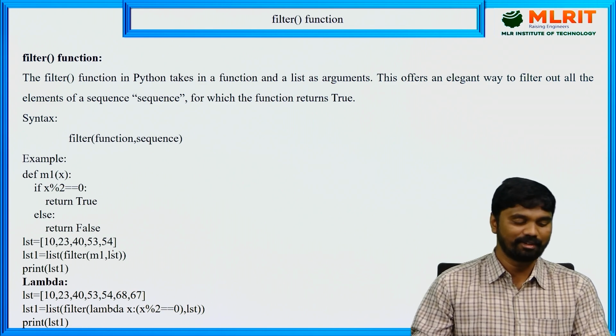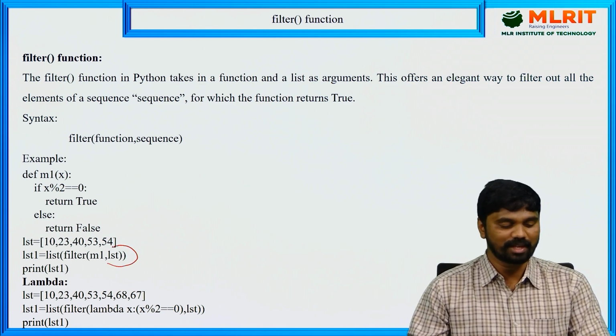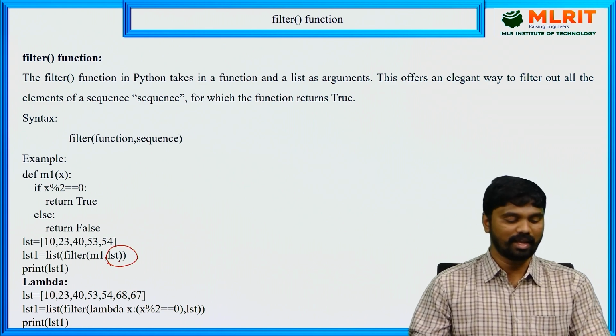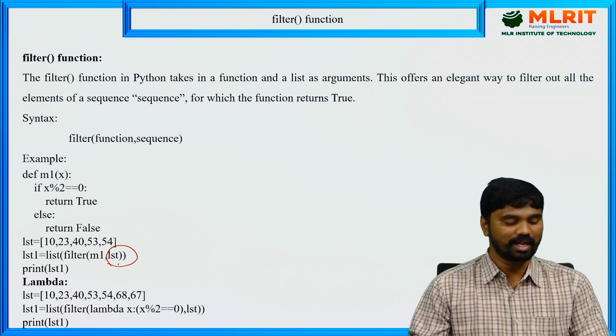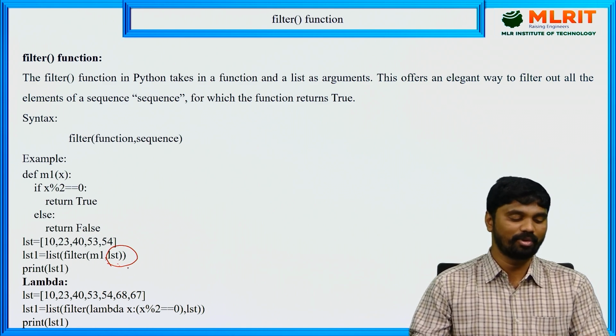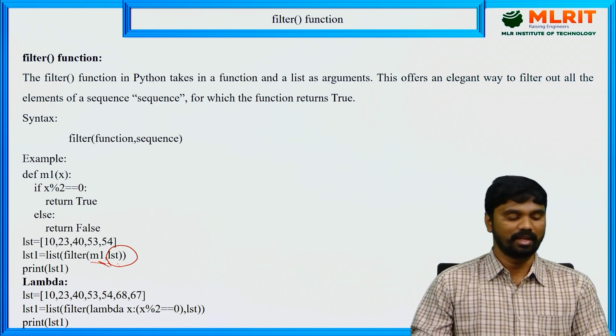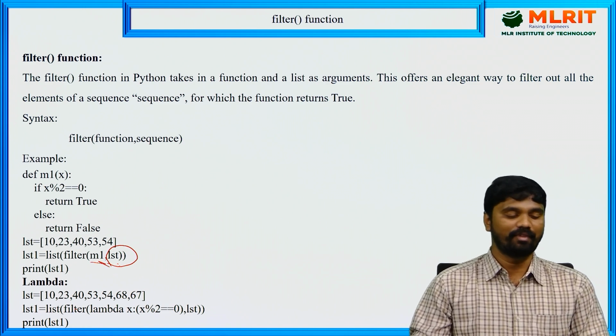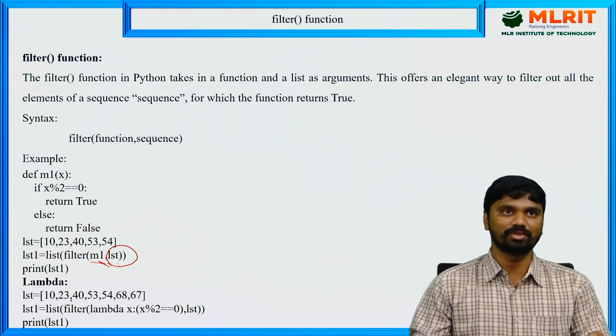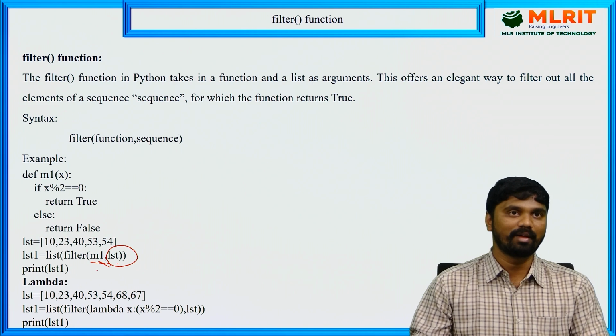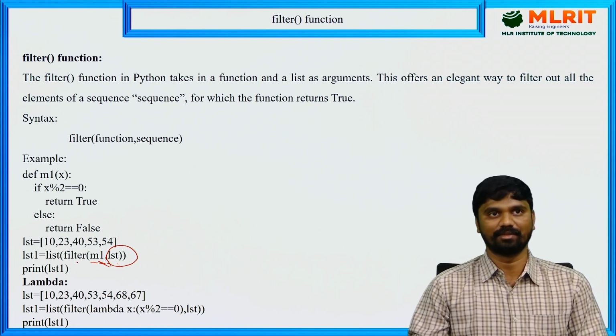Once again, each and every element in lst is passed as an argument to the m1 function, and whenever a number returns true, that number is picked up by the filter.